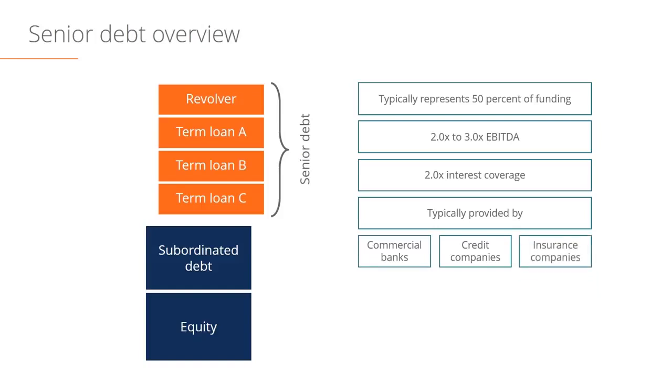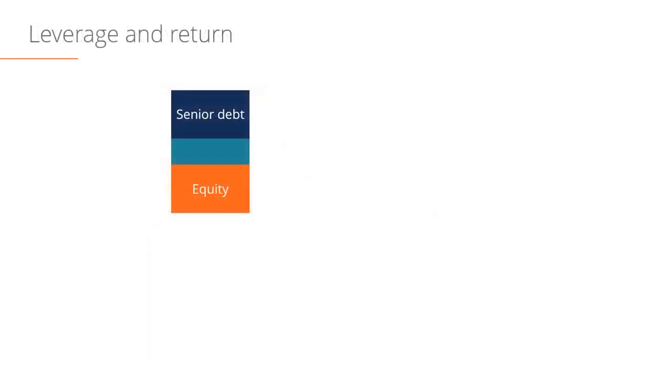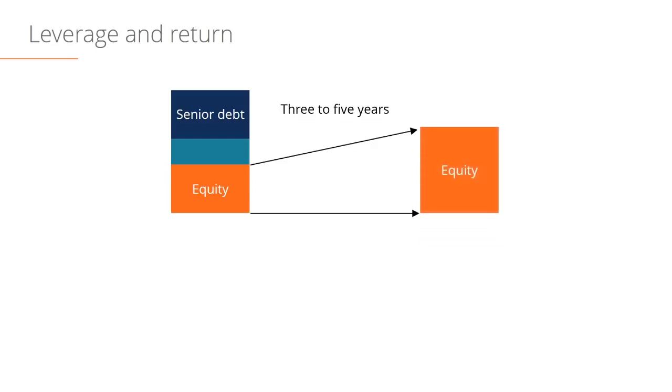Now let's take a look at how senior debt can enhance equity returns. So here's an example of a capital stack: senior debt, sub-debt in the middle, and equity at the bottom. Over time, over 3 to 5 years, as this business grows, you're going to see that the equity piece has expanded significantly.